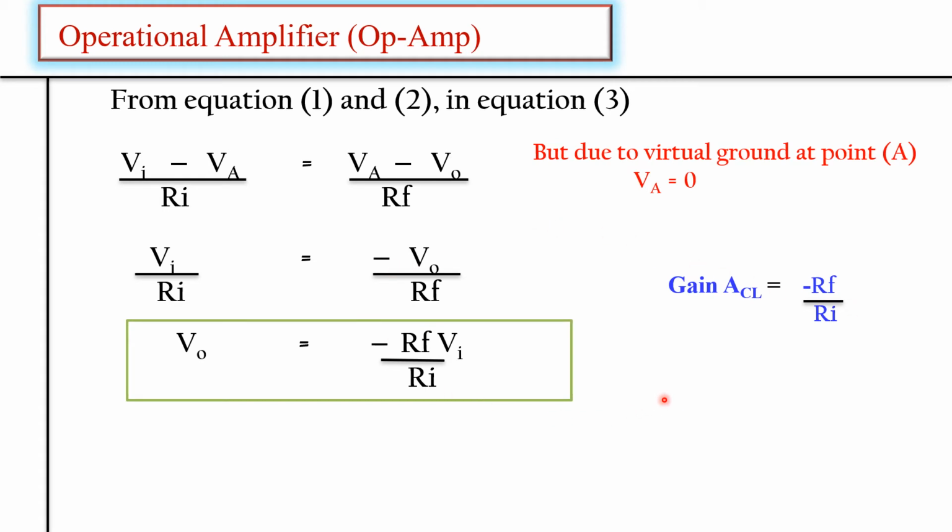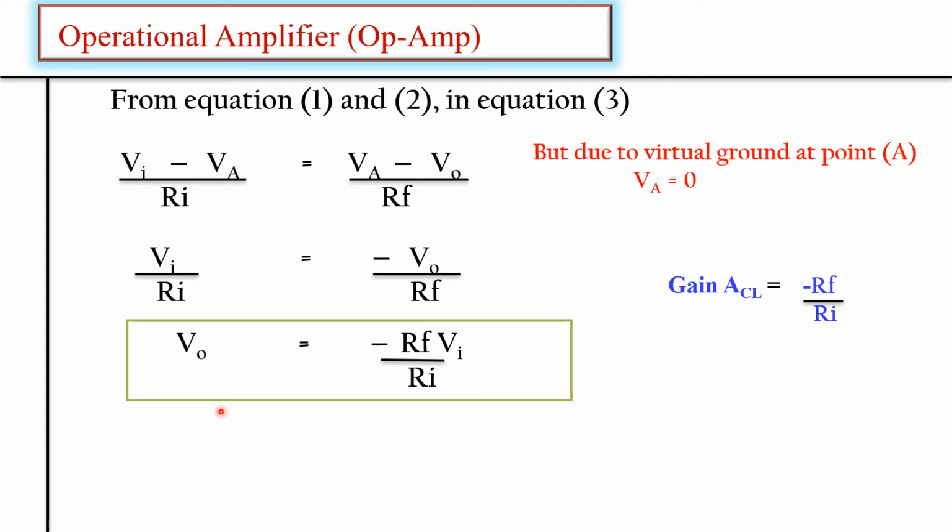Now here the negative sign indicates that the output is 180 degrees out of phase with respect to the input voltage. So let us say if we apply a sinusoidal wave at the input, then at the output we'll get an amplified sinusoidal wave which has a 180-degree phase shift with respect to the input signal. So crest becomes trough and trough becomes crest, inverted, right?